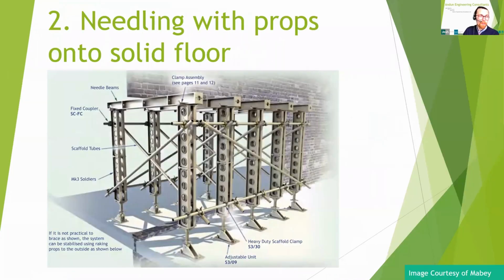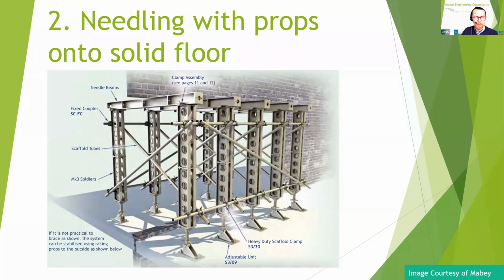So let's look at some larger loadings. This could be a thicker wall, a higher floor load, or something similar. This concept of needling, we've got needles, which are typically steel beams at regular centers, and these are propped down with larger props.